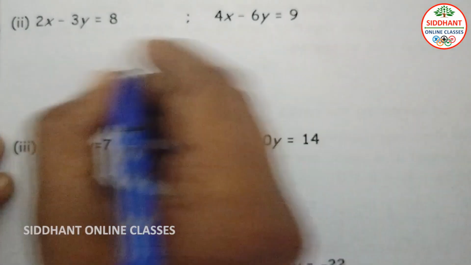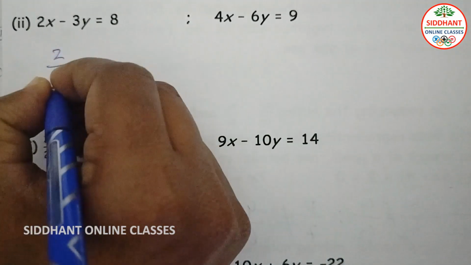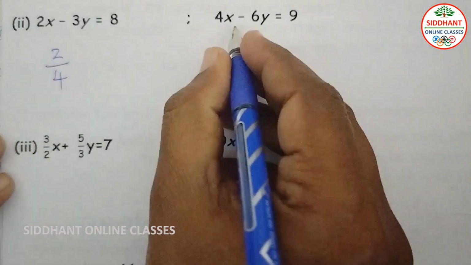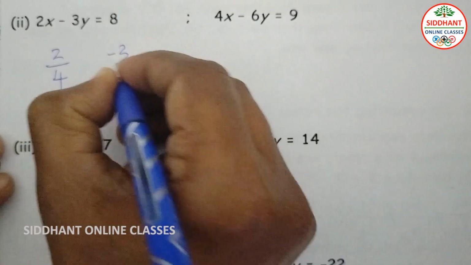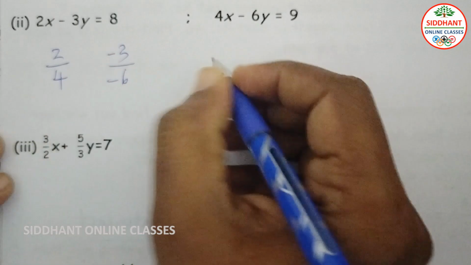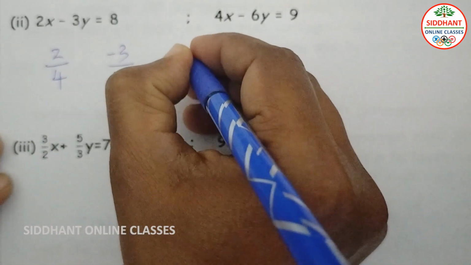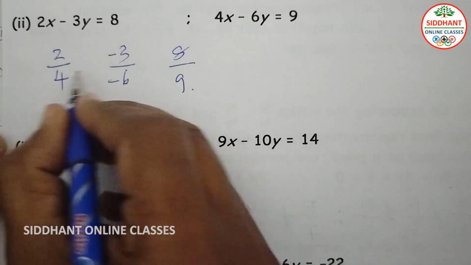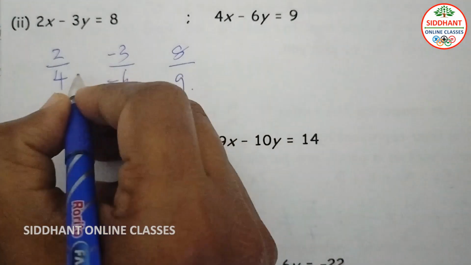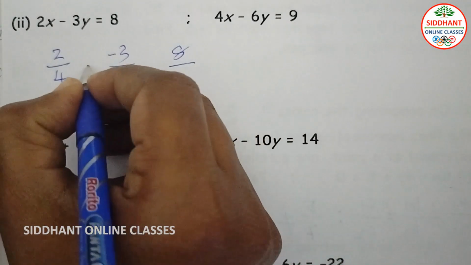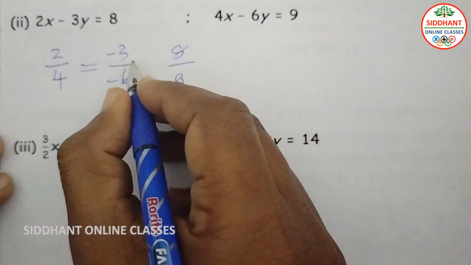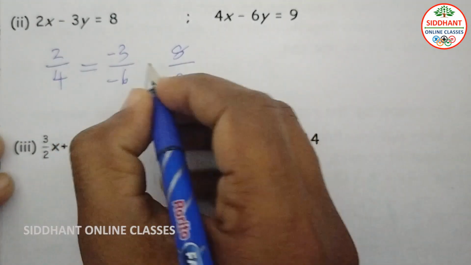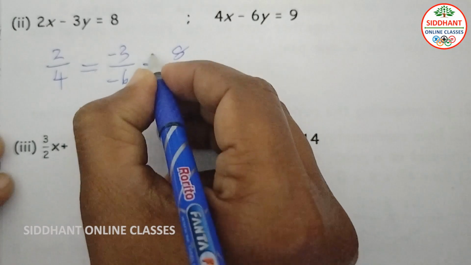So a1 by a2 is 2 by 4, b1 by b2 is minus 3 by minus 6, and c1 by c2 is 8 by 9. Upon simplification we can see that a1 by a2 is equal to b1 by b2, and b1 by b2 is not equal to c1 by c2 here.